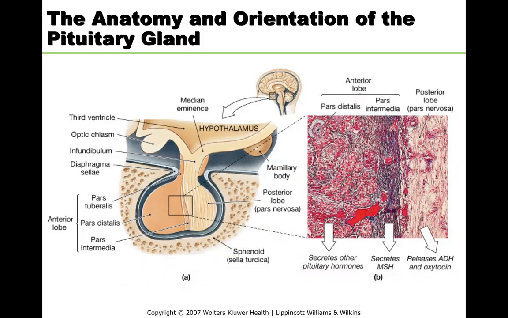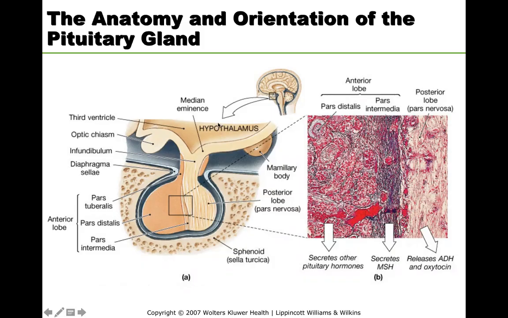Remember, anterior lobe, adenohypophysis, and posterior lobe, neurohypophysis. And there is a significance for that. The hypothalamus actually produces certain hormones, which in turn control the release of certain hormones from the anterior pituitary. But the hypothalamus produces some hormones and stores them in the posterior pituitary. So it's two different things.